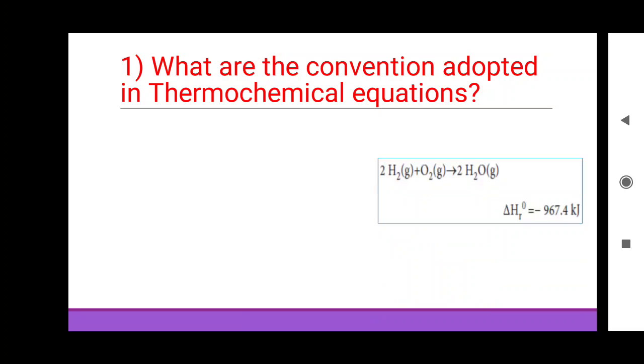When we write the thermochemical equation, as usual, we have to write the reactants and the products. Then the equation must be balanced, left side and right side. Thereafter, the physical state also we should mention, whether it is solid or liquid or gas, on the product side also.